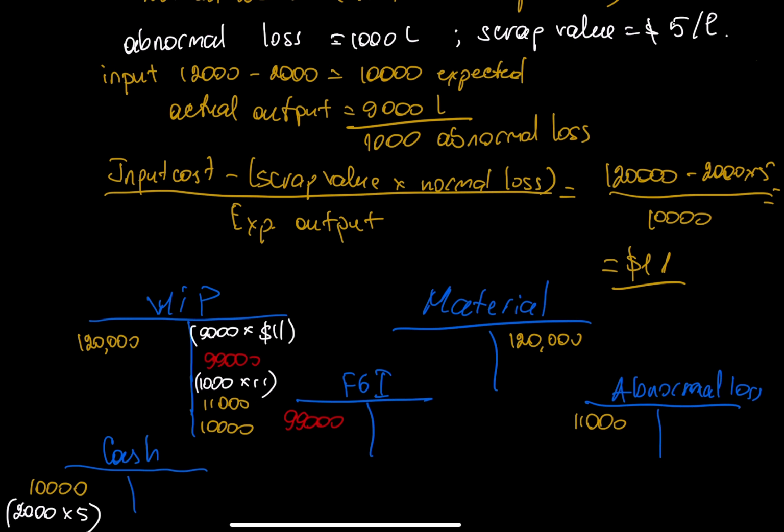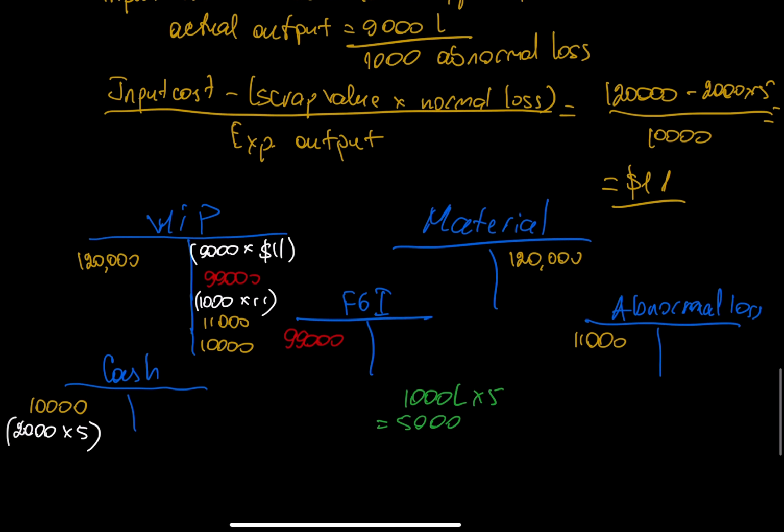And finally, you might ask, okay, but the abnormal loss of 1,000 can also be sold for a scrap value of $5 per liter. That is 1,000 liters multiplied by $5, which results in $5,000 of cash receipt. Hopefully the company sells it.